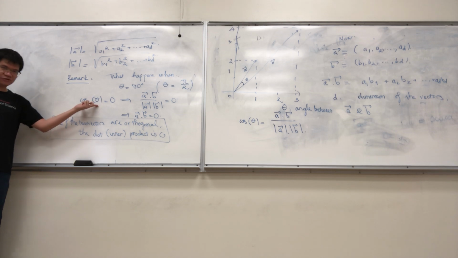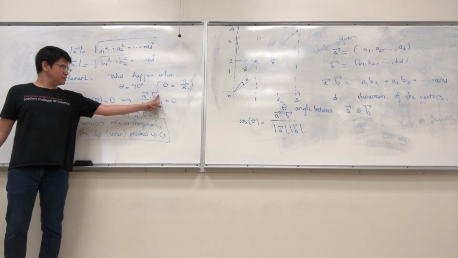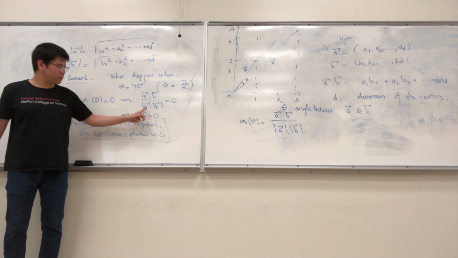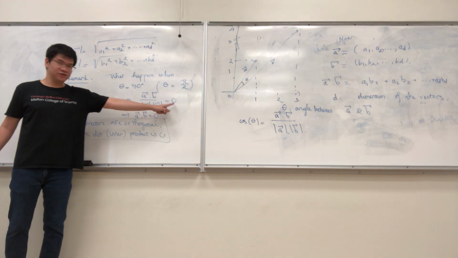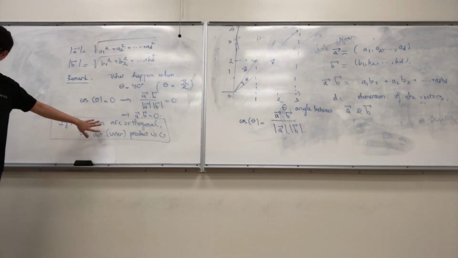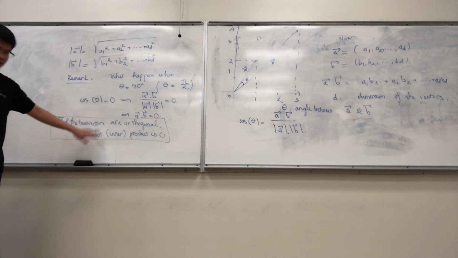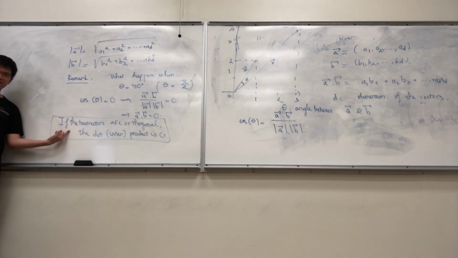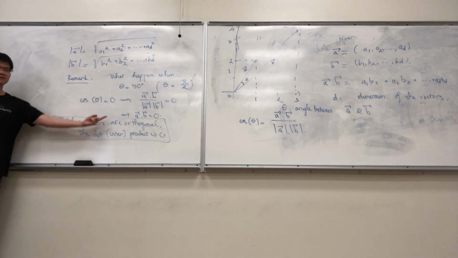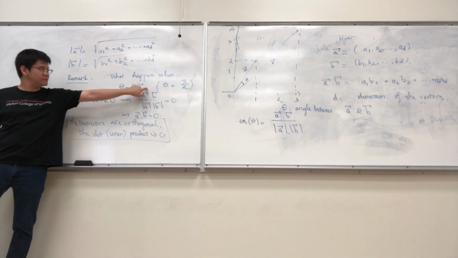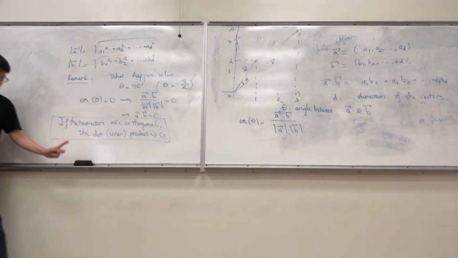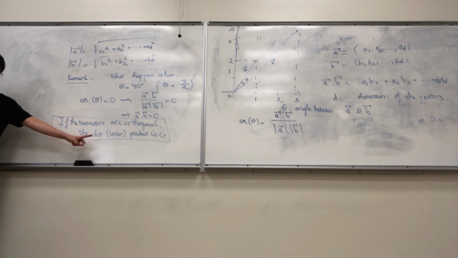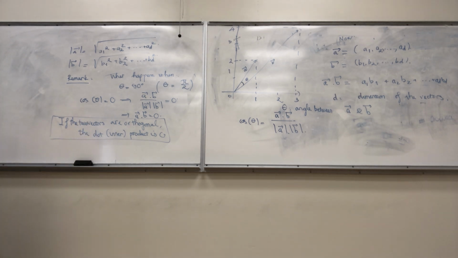Because the cosine is 0, the inner product of A and B divided by the product of the lengths is 0, which means that the inner product will be 0. So in other words, if the two vectors are orthogonal, or the angle between them is pi over 2, then the dot product will be 0. It's clear? Questions?